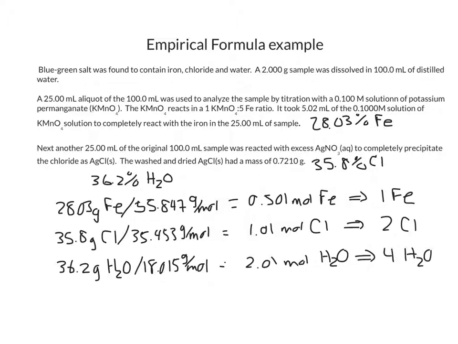And so I can write my empirical formula as iron chloride, and this is a hydrate because the 4 waters hydrate this ionic compound, so I do dot 4H2O. And that provides me with the answer to my problem.